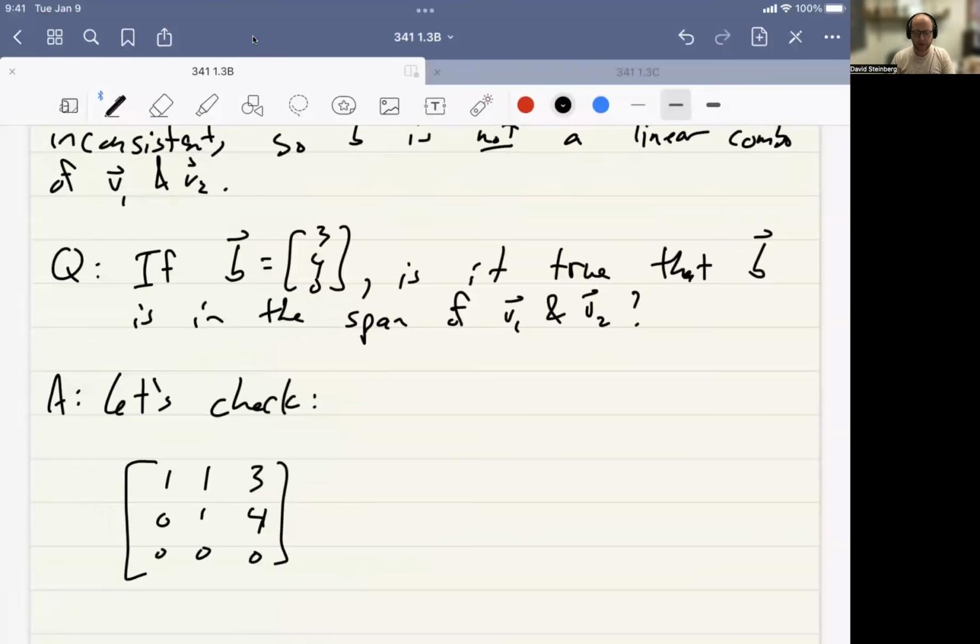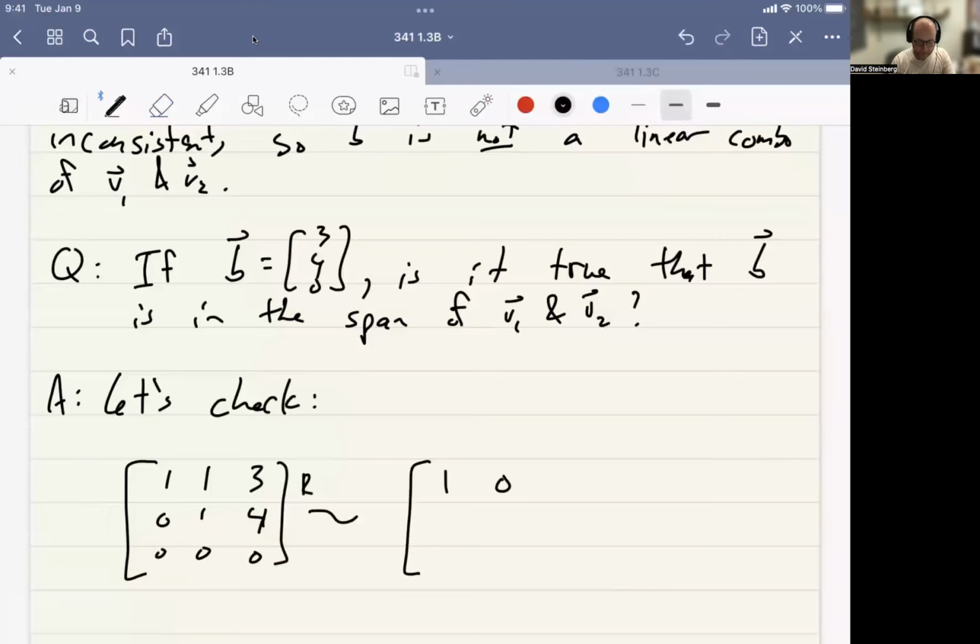Okay, and theorem 2 says no problem with a row of zeros hanging out. We still should just look for whether or not there are any free variables. And it looks like not, right? We can just do row 2 minus row 1... I'm sorry, what do I actually want here?